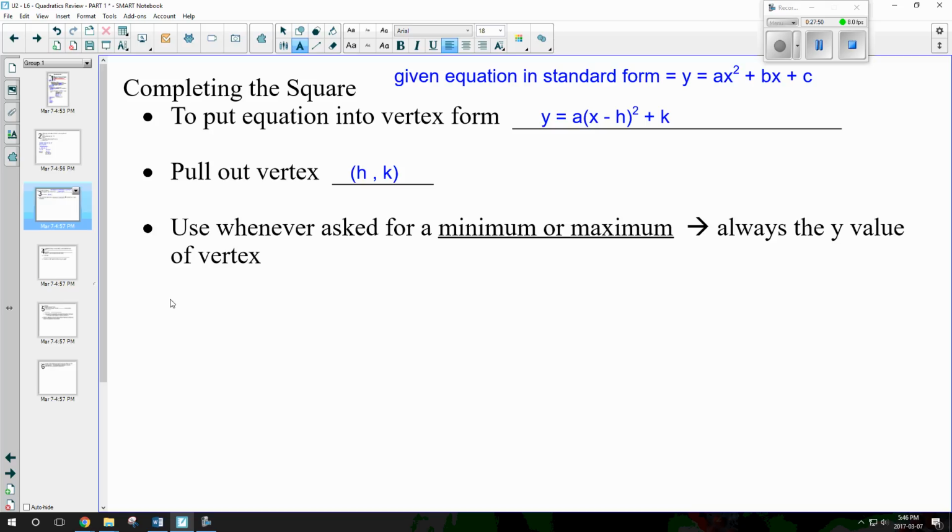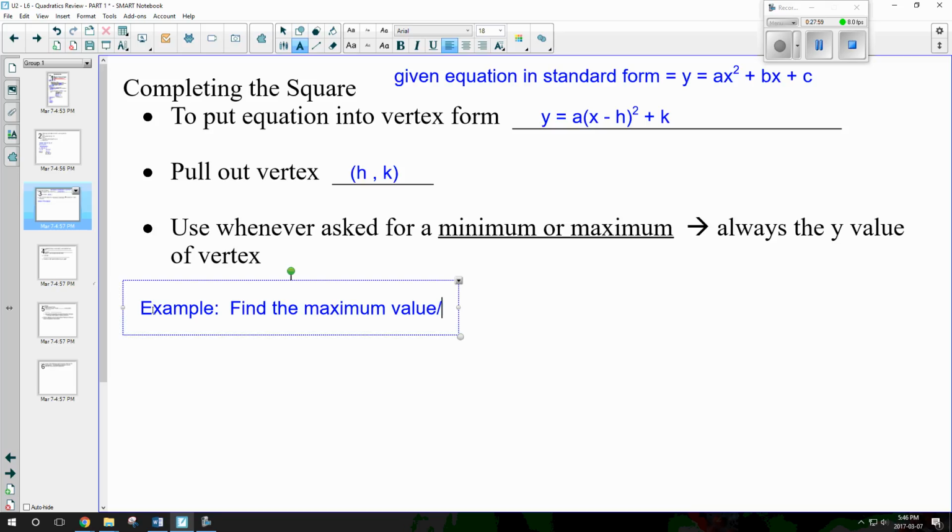So let's quickly take a look at an example of completing the square. In this case, we're going to find the maximum value.